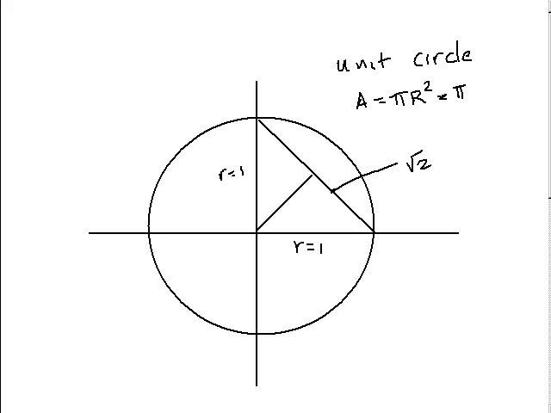Now, if you successively bisect this, suppose you now bisect this angle here, and now you want to calculate the area of this, which is 1, 2, 3, 4.